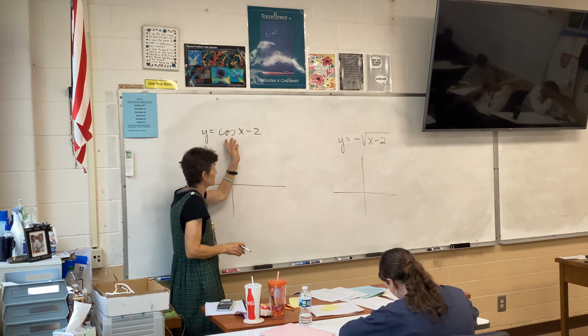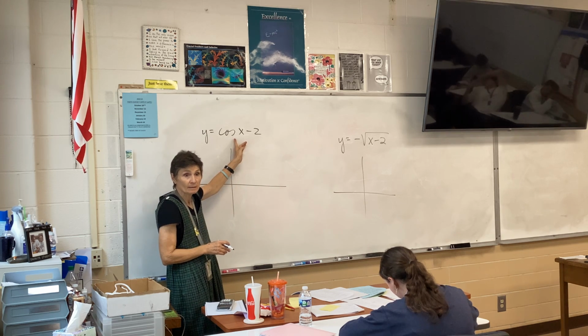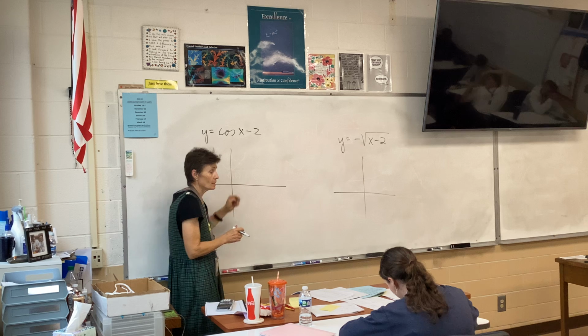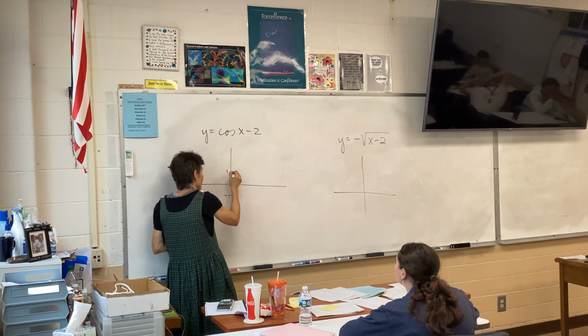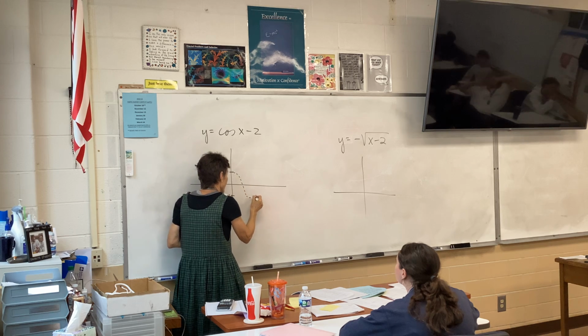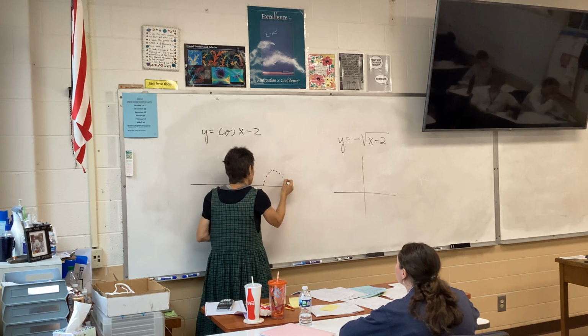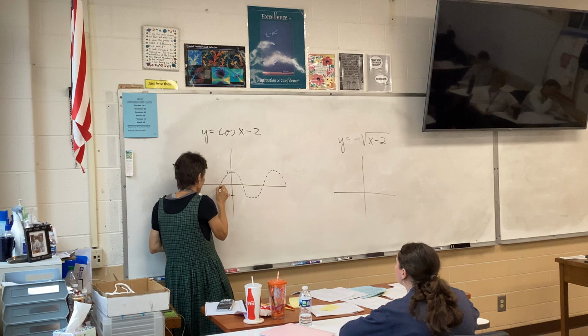What's happening here? We're taking our cosine and moving it down 2. So once again, I think I will draw my regular cosine. You don't have to do this, but it helps me.